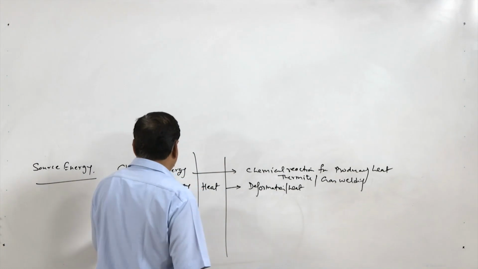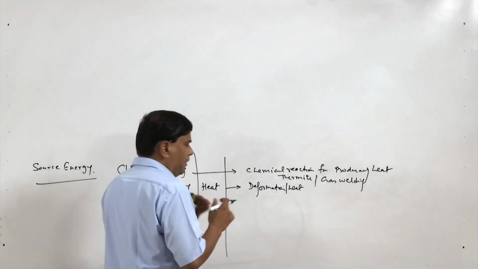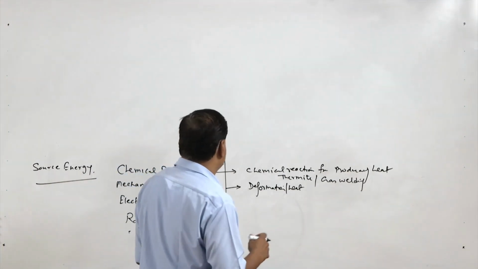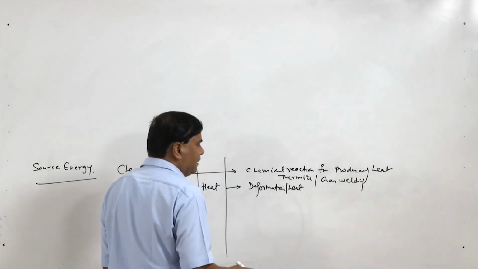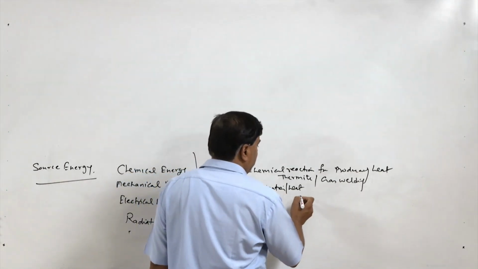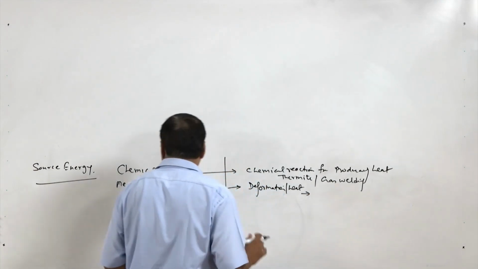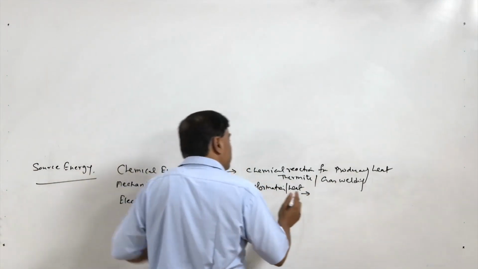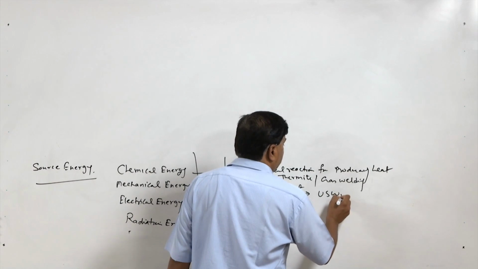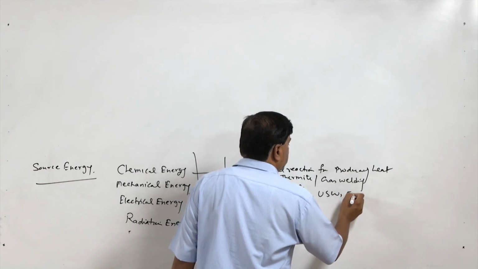And in the mechanical energy, the friction and the deformation both are used for producing the heat, and the deformation at the interface. This approach is used in processes like ultrasonic welding and explosion welding.